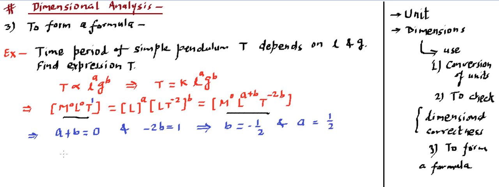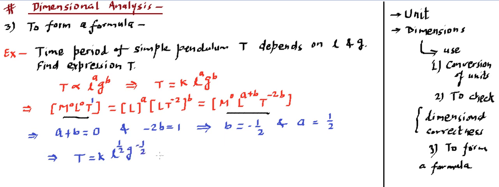Hence we can write T is equal to some constant, L raised to power 1 by 2, and G raised to power minus 1 by 2.